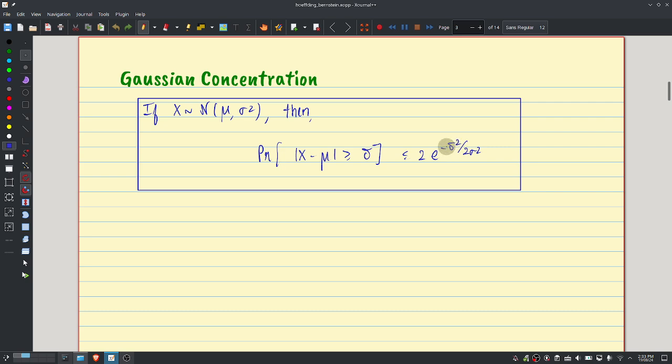Right? So in today's class, what we want to see is for what kind of random variables does such a tail bound hold. In particular, for what classes of random variables does the right hand side equal e to the minus delta square times some constant?